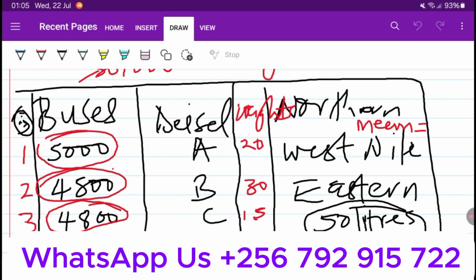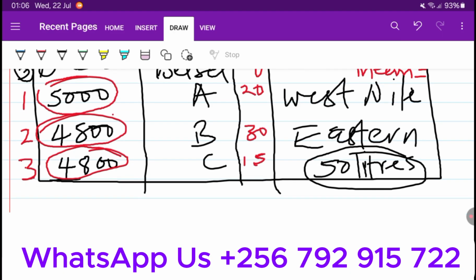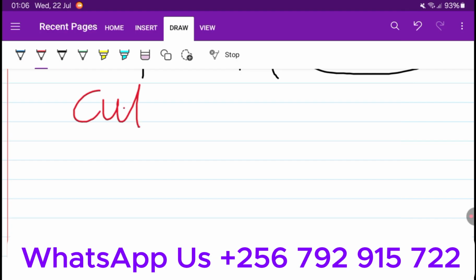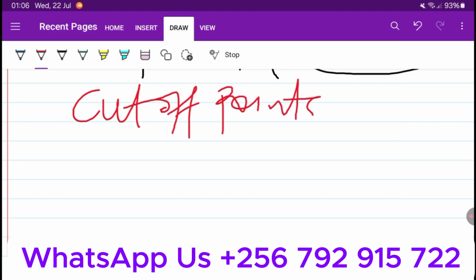The other example that we can also look at to try and internalize this, of course we are looking at the applicability. If you are a university student, you look at the grading points, which they call cutoff points.